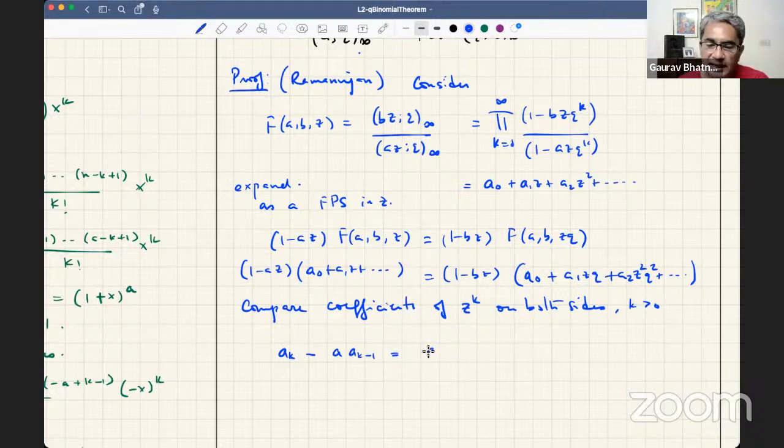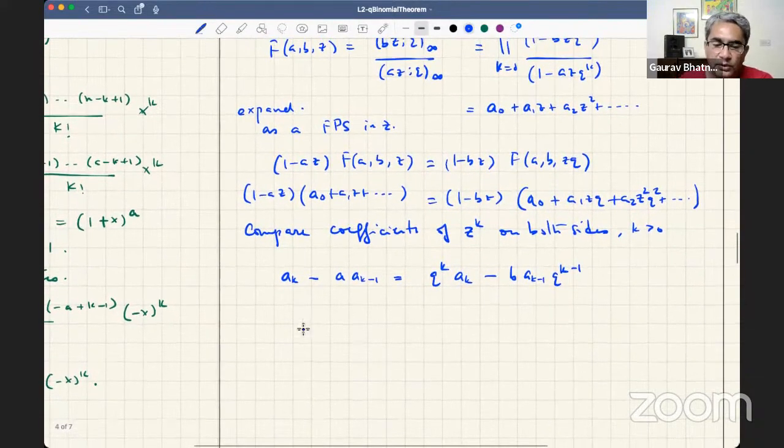On the right-hand side you'll get q to the k a_k minus b a_(k-1) q to the k minus 1.